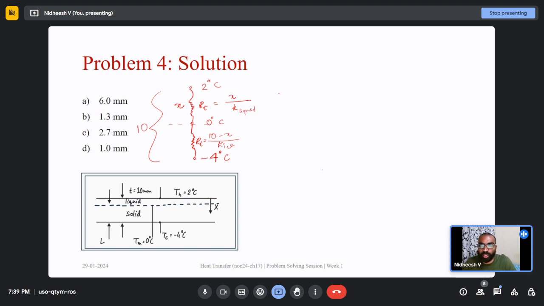Yes, sir. Heat is flowing in this direction. Suppose we say the flux is q double dash. We can say q double dash equals 2 minus 0 divided by the resistance, that is x, the unknown that we need to find out, by k of liquid water.